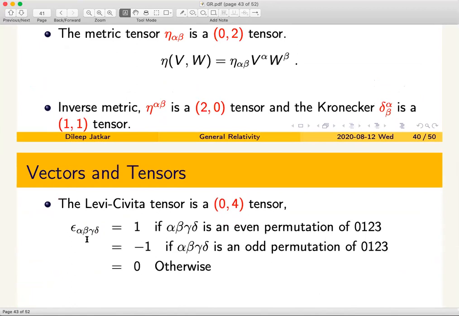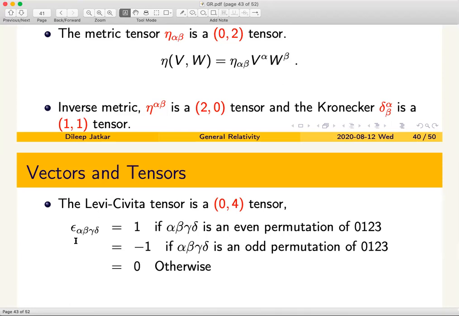So epsilon alpha beta gamma delta is a special tensor which is called the Levi-Civita tensor, and it has the property that it is equal to 1 if alpha beta gamma delta are 0, 1, 2, 3 or any even permutation of 0, 1, 2, 3. That means you take this labeling and permute 0, 1, 2, 3 to a new labeling, which could be say 0, 1, 3, 2, or 0, 3, 1, 2, or whatever.